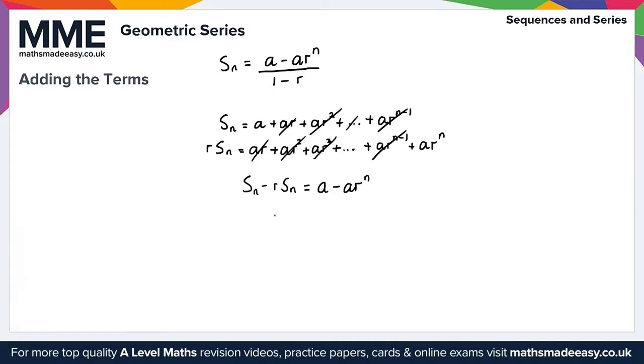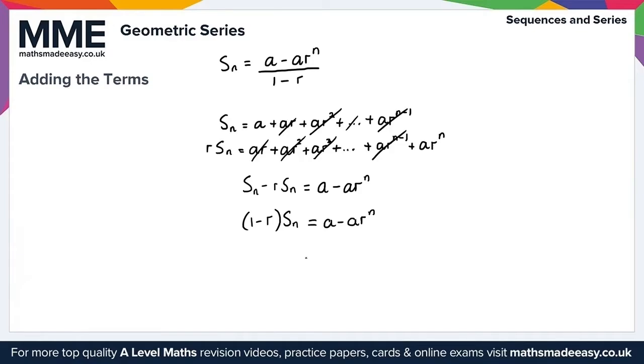So the next step here now is just to take a look at this left hand side. We notice we can factorise this Sn out. So if we factor the Sn out here, what do we obtain? Well, we obtain 1 minus r times Sn, factoring that Sn out here, and this is still equal to the right hand side of a minus ar to the n.